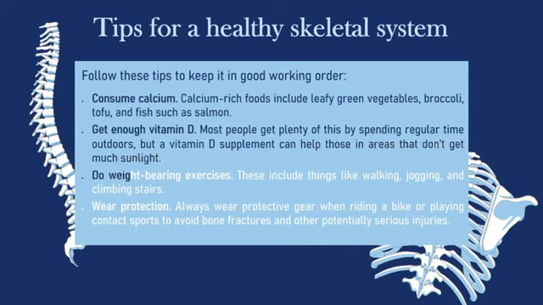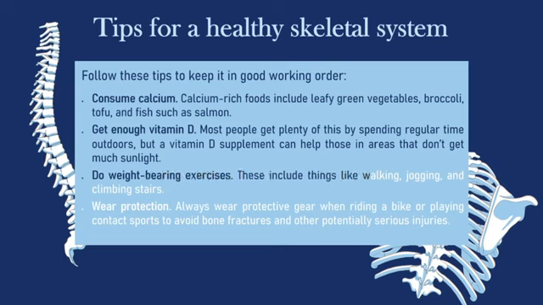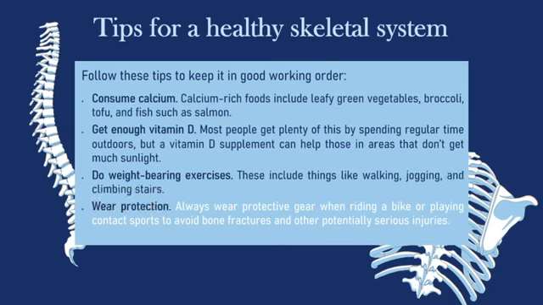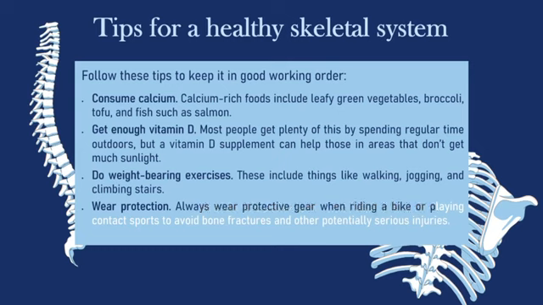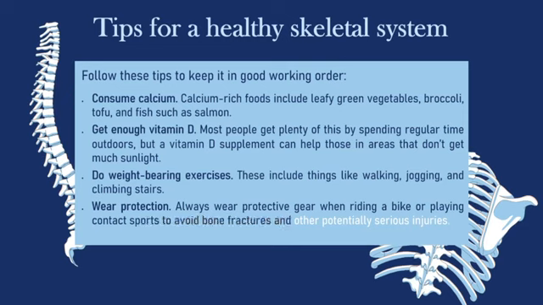Do weight-bearing exercises. These include things like walking, jogging, and climbing stairs. Wear protection. Always wear protective gear when riding a bike or playing contact sports to avoid bone fractures and other potentially serious injuries.